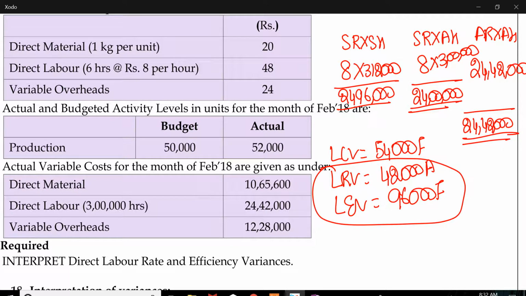What I've said, due to the following reasons we have said, no? Okay, this is one. Next, second reason, the company could have underestimated the pressure of trade unions and had fixed a lower standard rate.